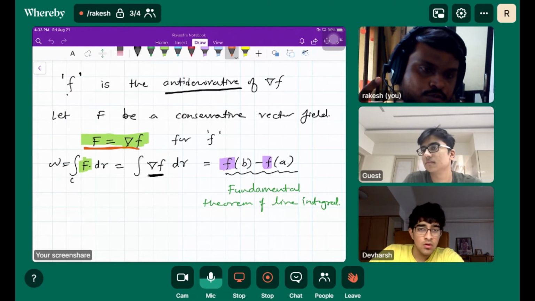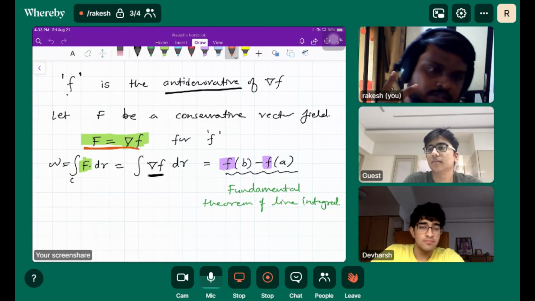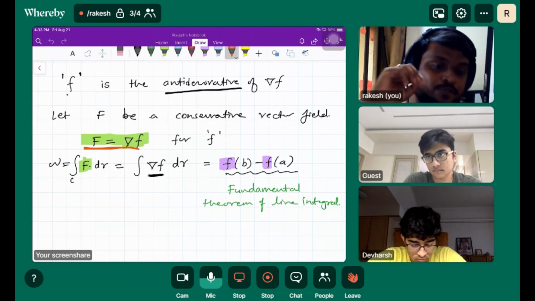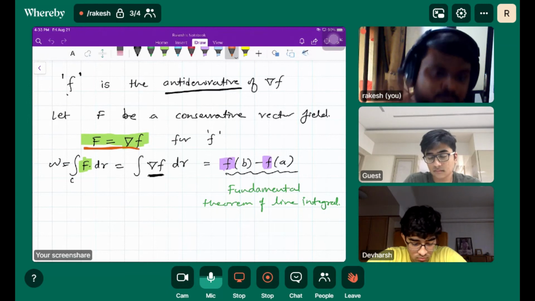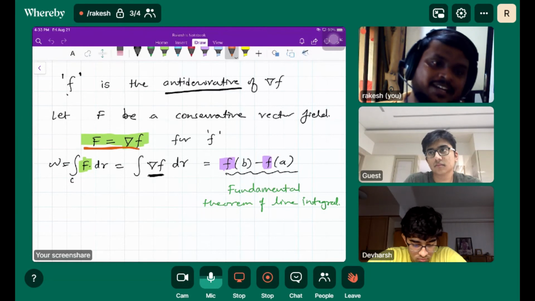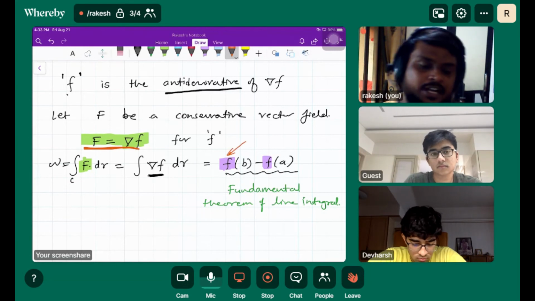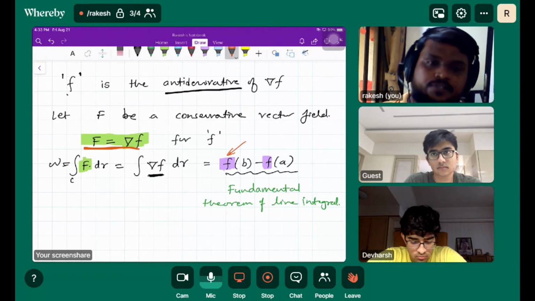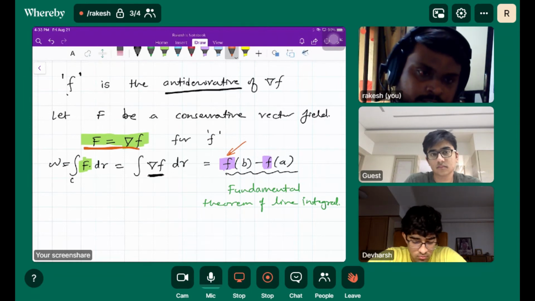So we need to do two things here. The first is we have to show that the given vector field is conservative. And the second is we have to find out f, the potential function, if the given vector field is conservative. Got the idea here?